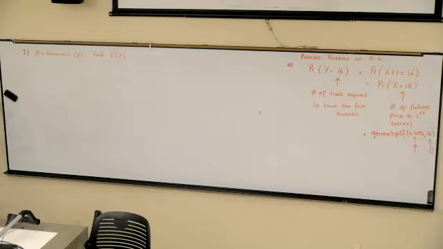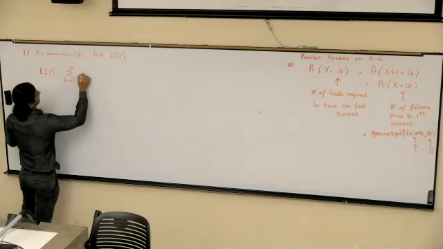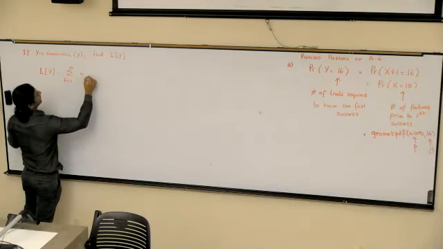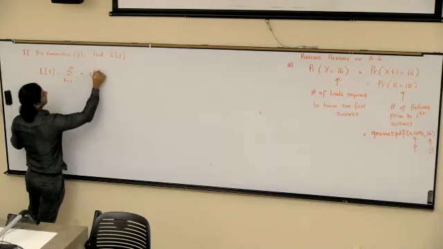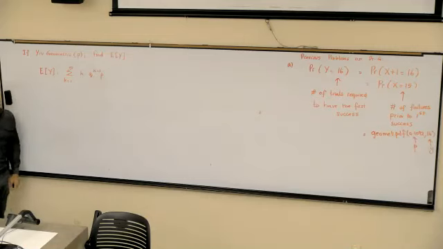If I just have to use the PMF, how would I go about doing this? Expectation of Y is the sum from k equals 1 to infinity of k times q raised to k minus 1 times p.